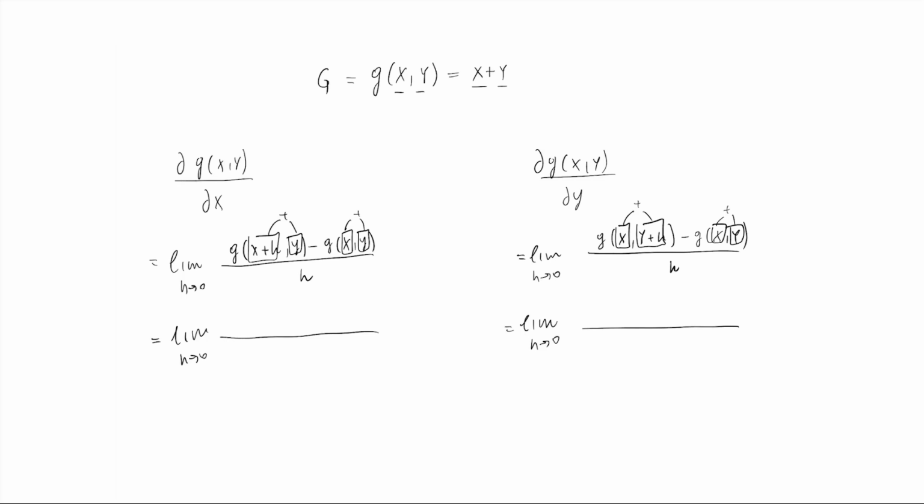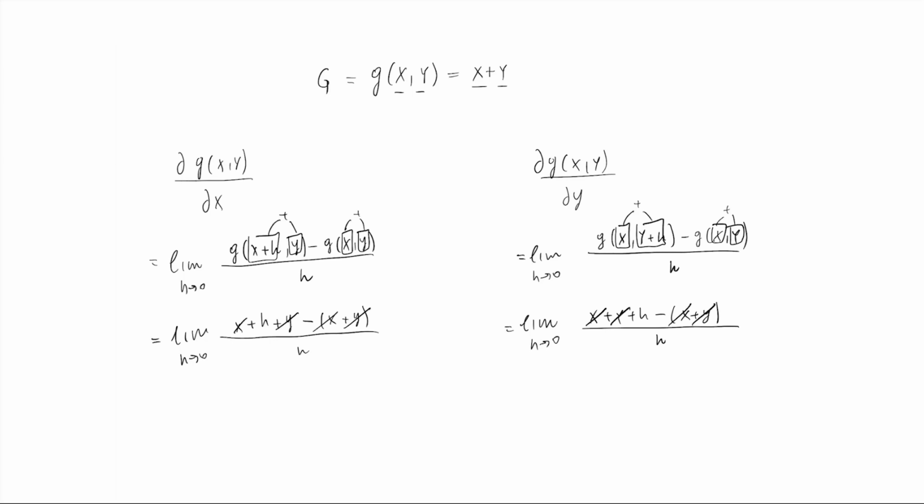So on the left side, we will have x plus h plus y minus x plus y. On the right side, we also have x plus y plus h minus x plus y. Both sides divided by h. Here we'll have h and negative h cancelling out, y and negative y cancelling out, and the same will happen on the other side.